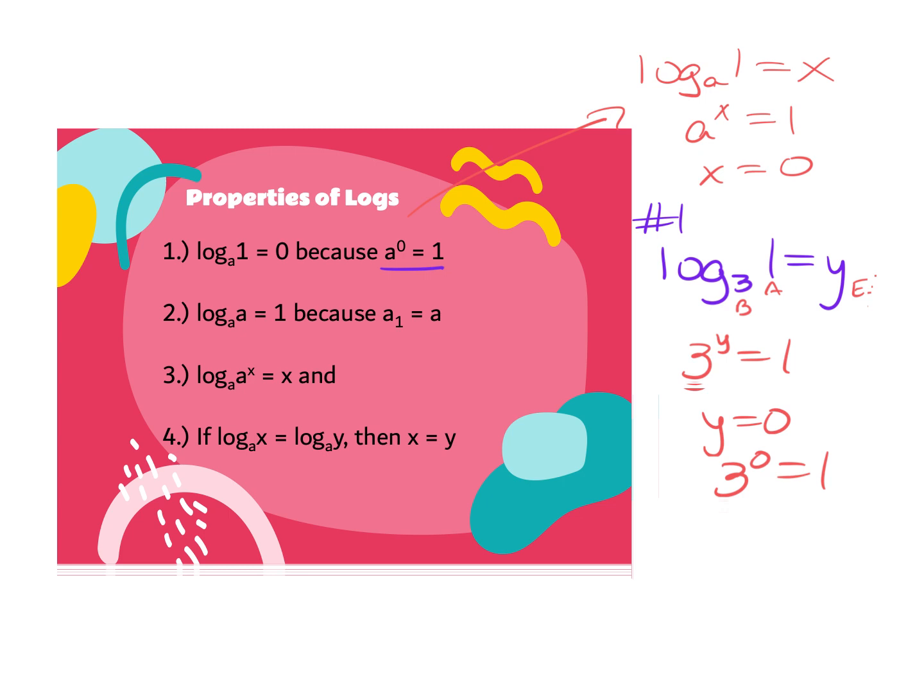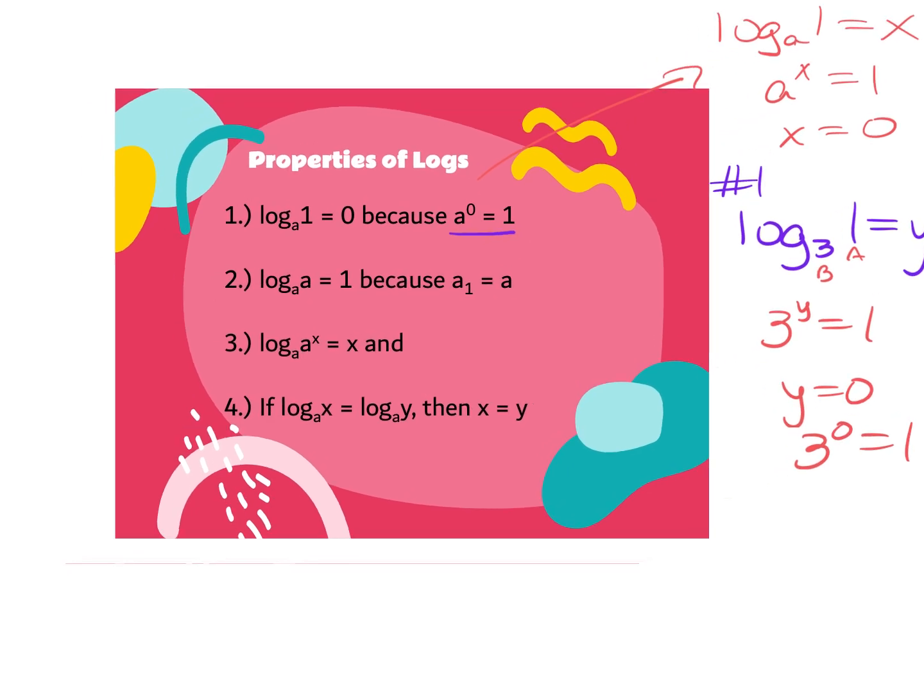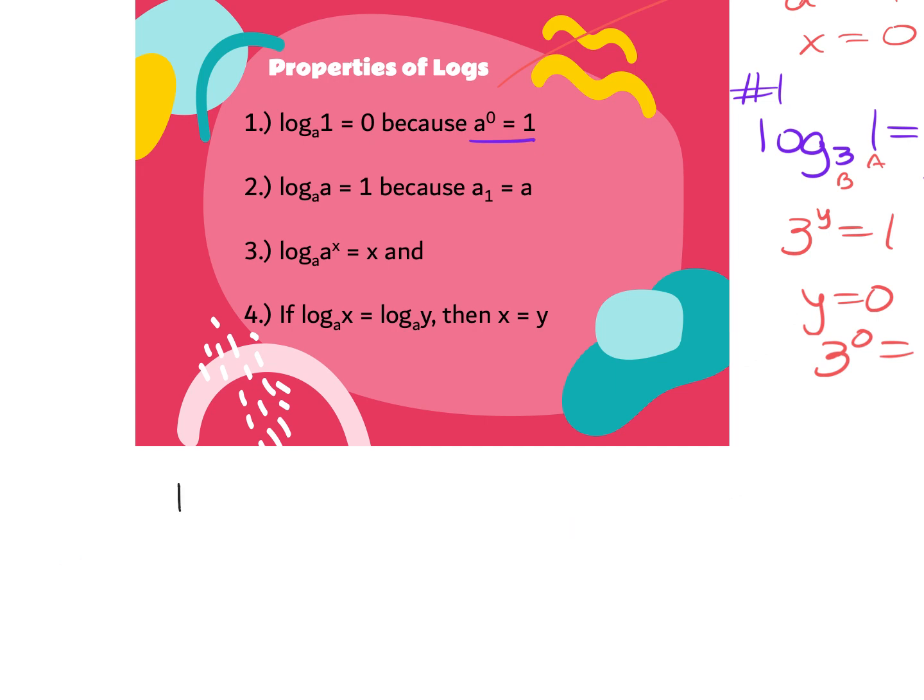The next property, property number 2, they have log base a of a equals 1. And the reason why we know this, again, if I convert it to the exponential form, is a to the first power, and this has a little subscript here.